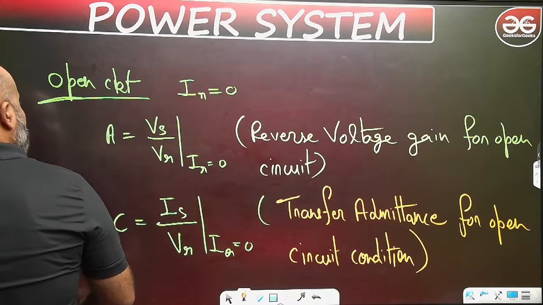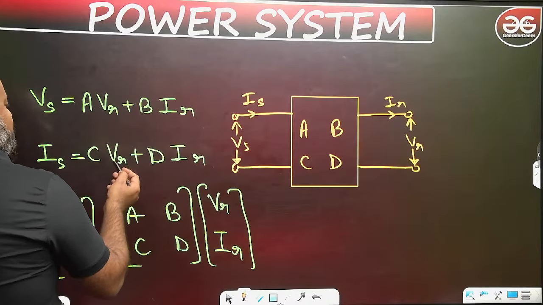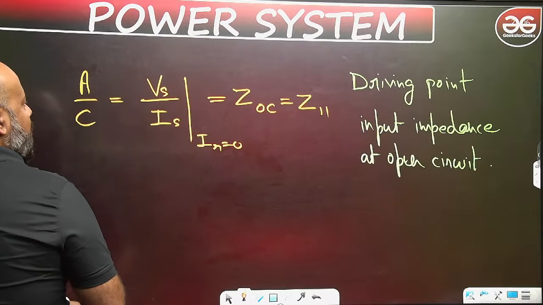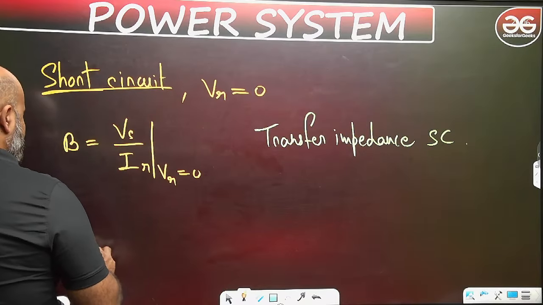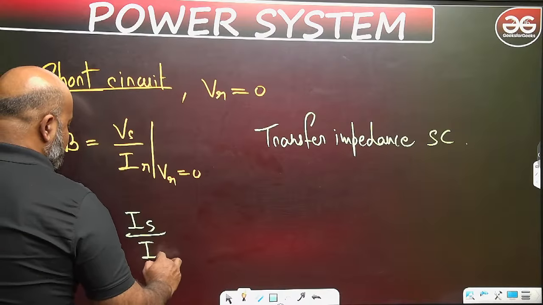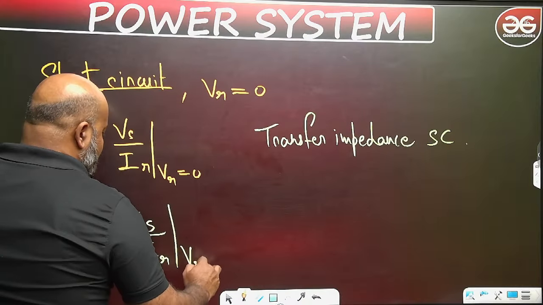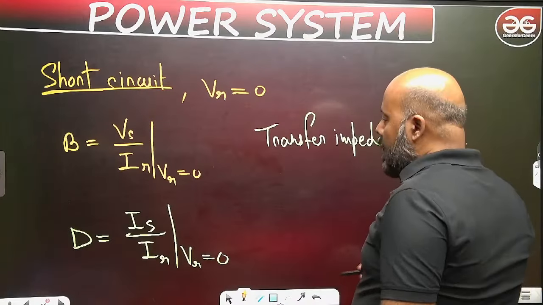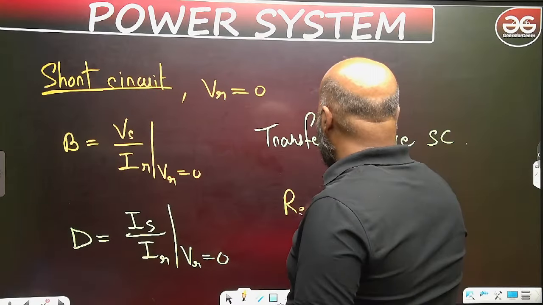Second equation, if you put VR equal to 0, what is D? D is Is upon IR when VR is 0.